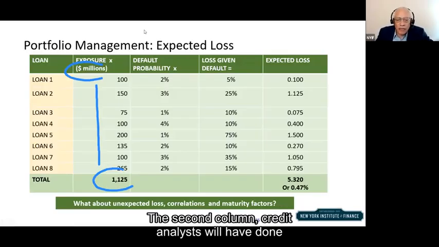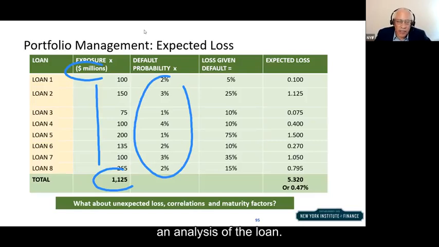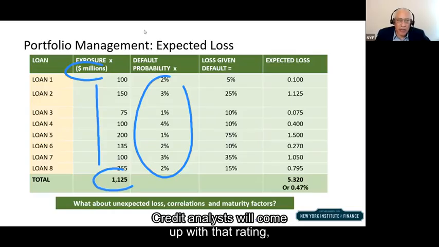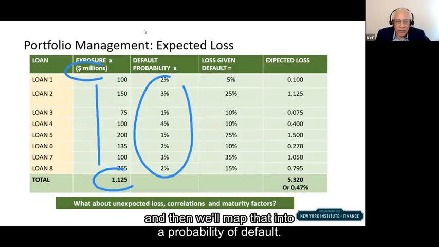The second column: credit analysts would have done an analysis of the company, of the loan. Regardless of whether it's secured or unsecured, at that point in time, it's really about coming up with a rating. Credit analysts will come up with that rating, and then we'll map that into a probability of default. Again, this is hypothetical.